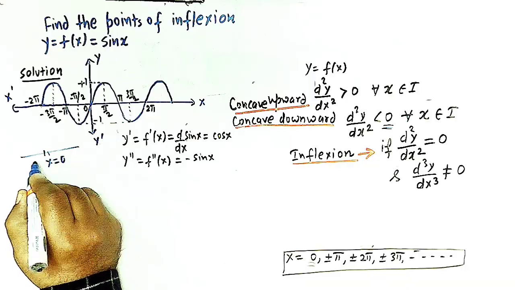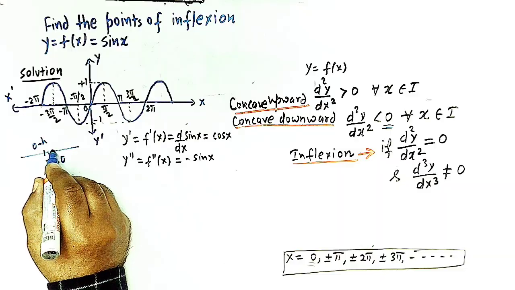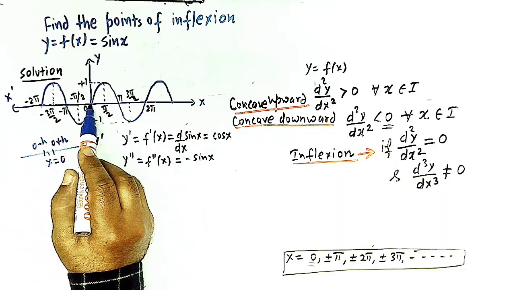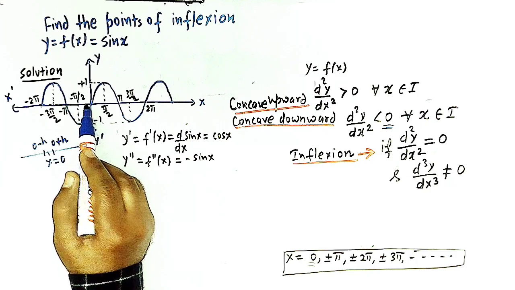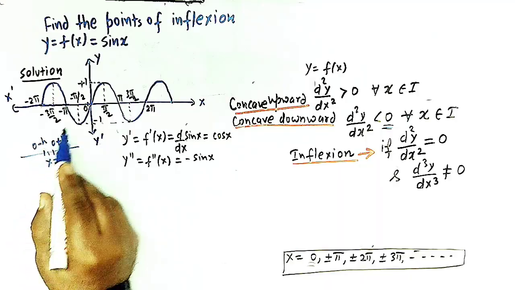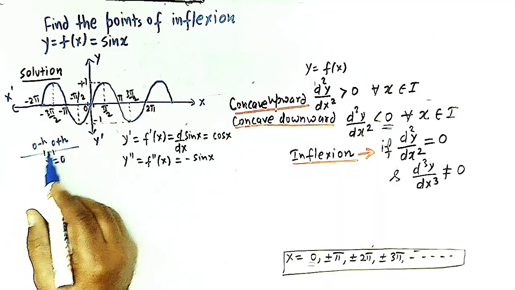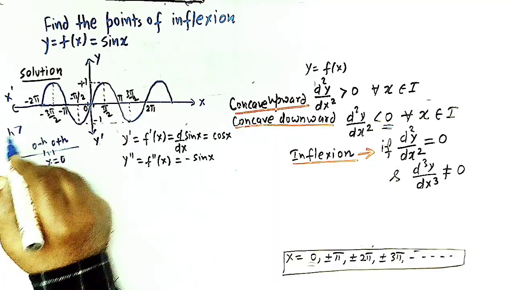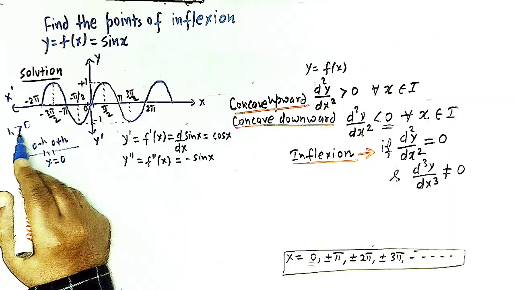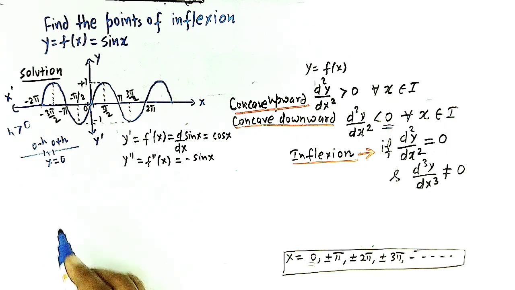Towards the left we can take the point 0 minus h, and towards the right we can take 0 plus h, and obviously h is greater than 0, because this is a positive quantity and it is infinitesimally very small, right?